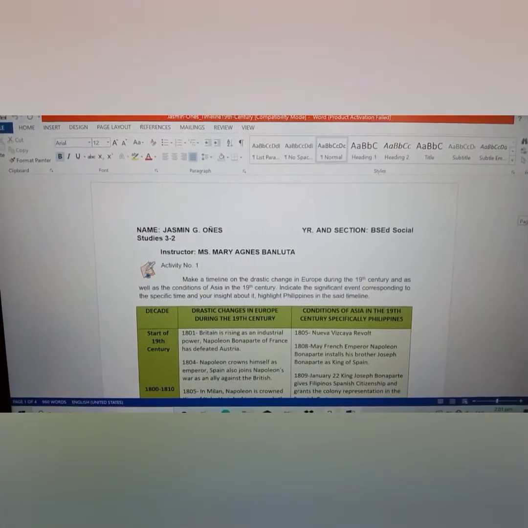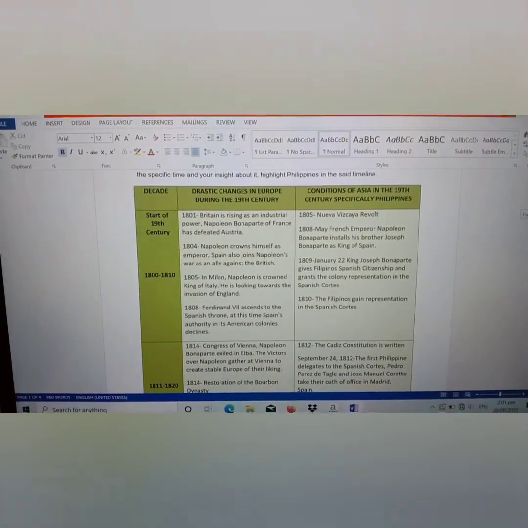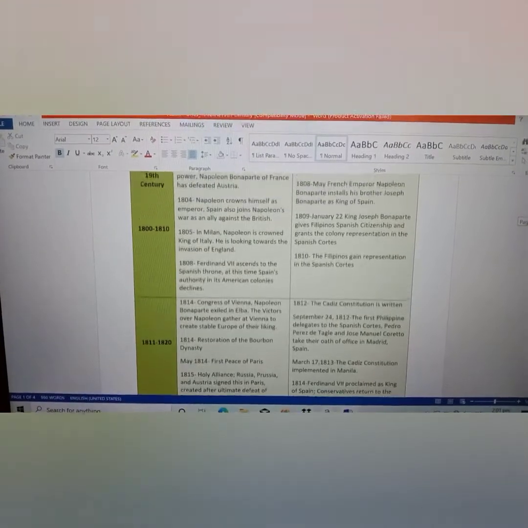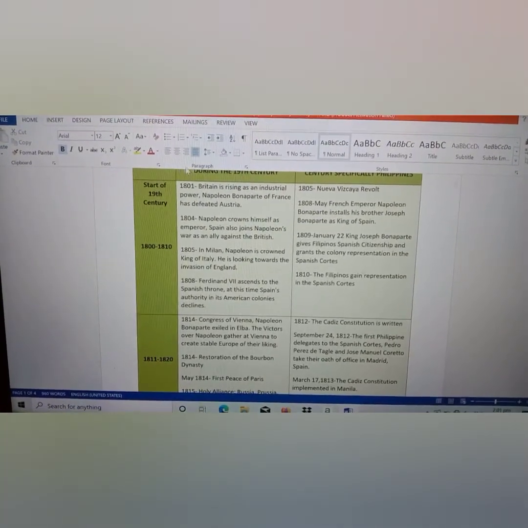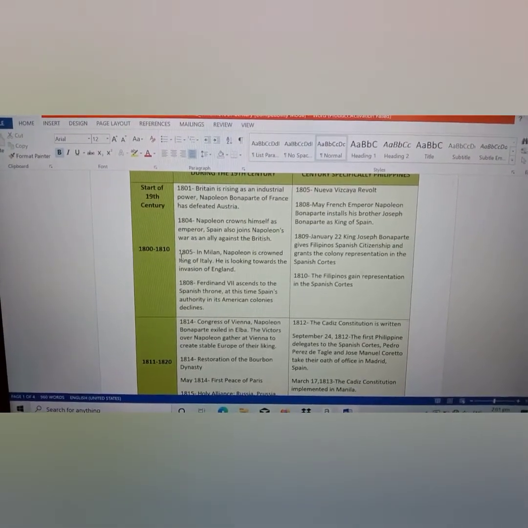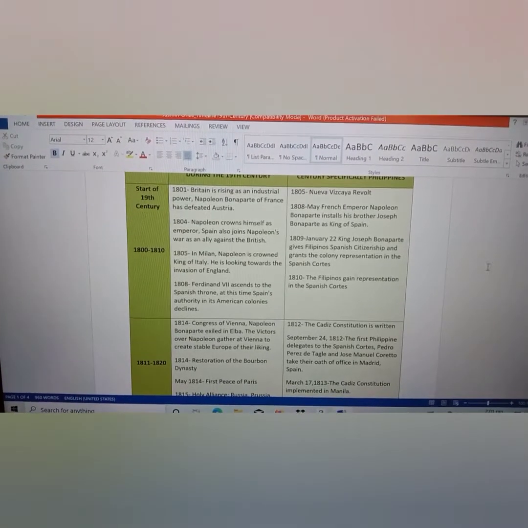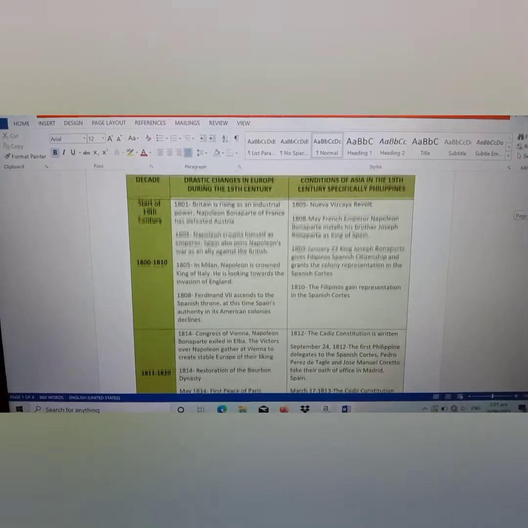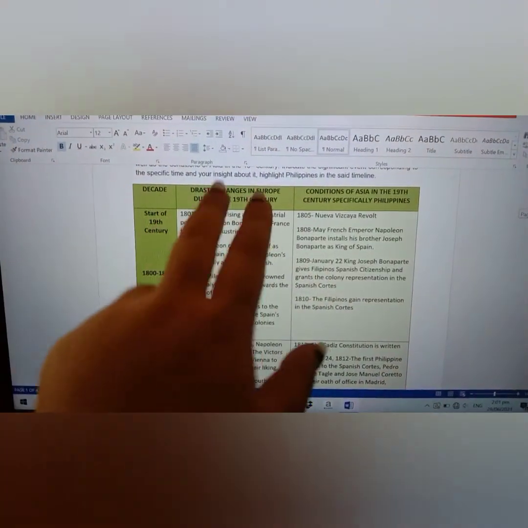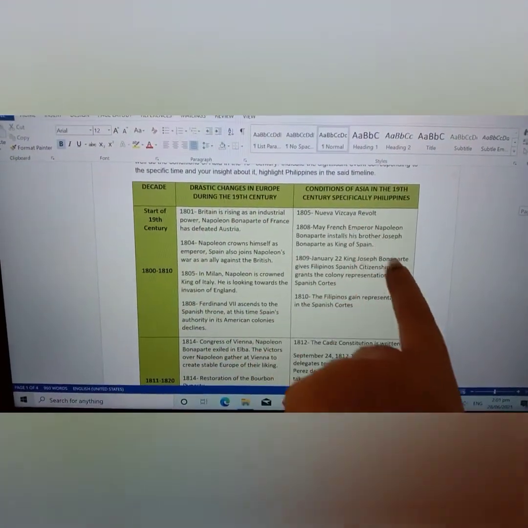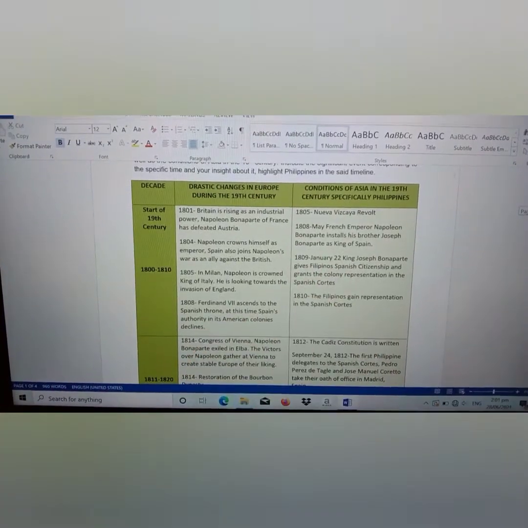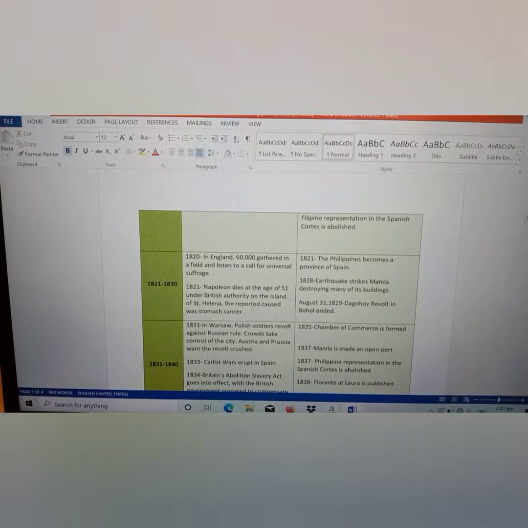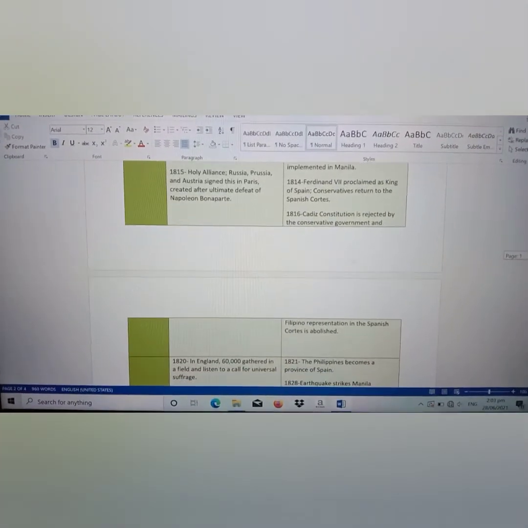So she uses 10-year spans in stating what happened during those years. So, start of the 19th century, 1800s to 1810. And then she also labeled what I also stated: drastic changes in Europe and conditions of Asia in the 19th century, specifically the Philippines.